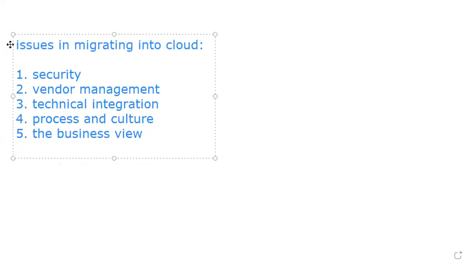If most of the investors are investing in the development of applications, are we able to generate the business from the amount invested by the investors and provide the revenue for them? That is the concept of the business view. So these are the five points which become issues by migrating into the cloud. Migrating is nothing but switching from a normal application to a cloud application.